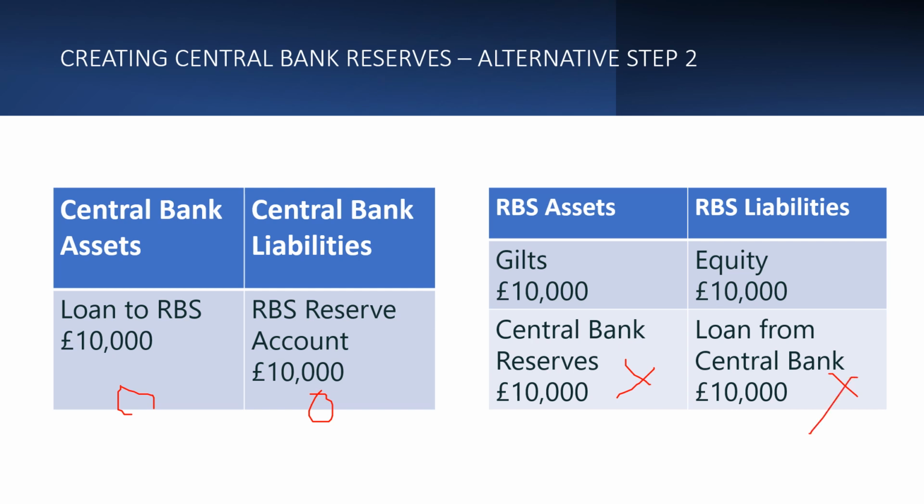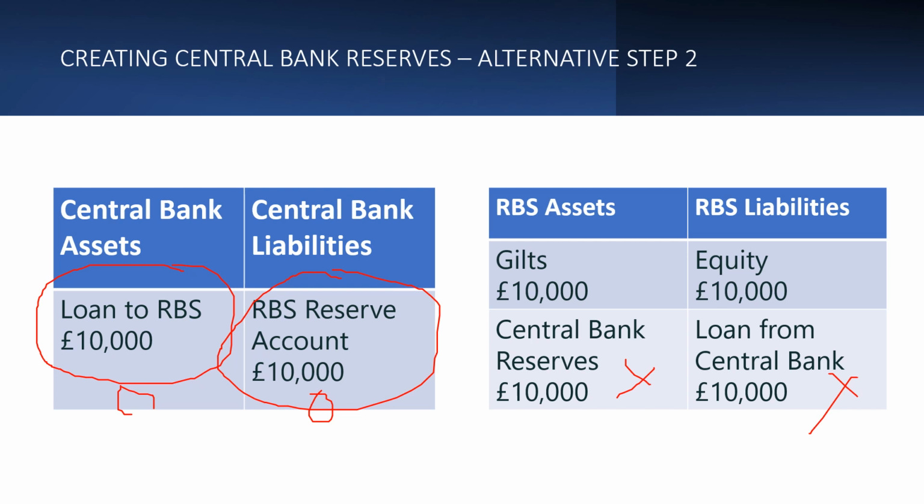So the central bank creates a loan to RBS through keystrokes, and it also creates reserves, liquid reserves, in the current account of the RBS. It puts in money which can be used to create more loans or settle transactions. And this is of course happening through keystrokes.